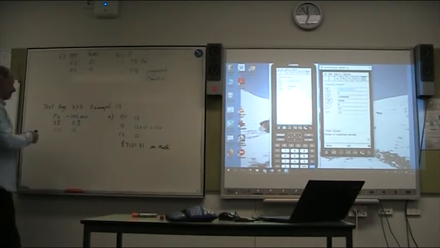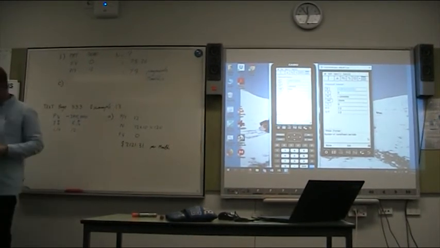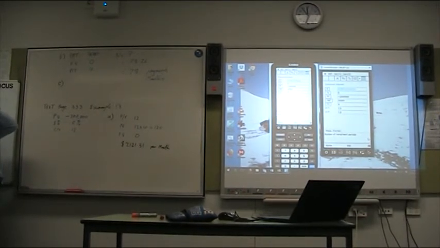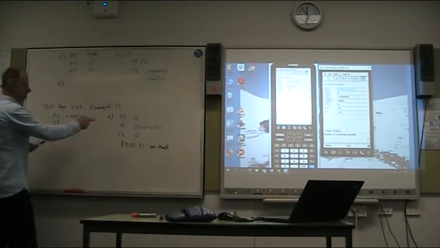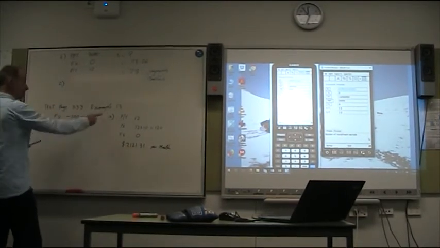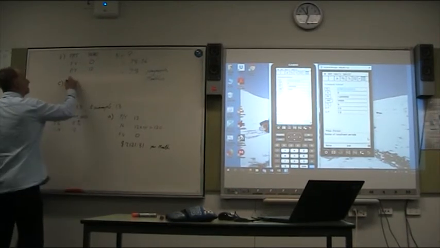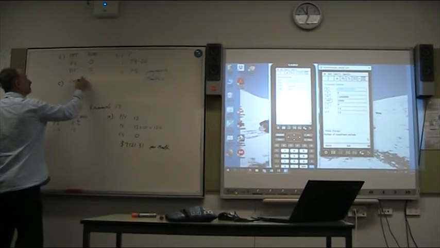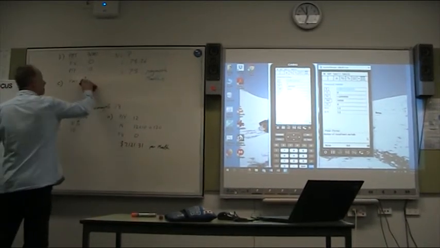So that's B. C is another twist on it. In C it says what interest rate would he need, correct to one decimal place, to allow him to withdraw $2,500 a month for 10 years. So a lot of this stuff is the same. Number of payments per year is the same, 12. What has changed? His payment is not 3,000, it is 2,500 this time.